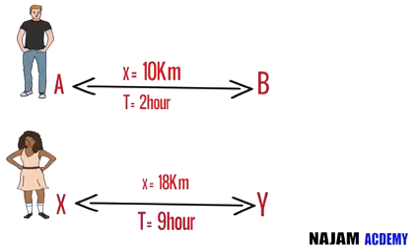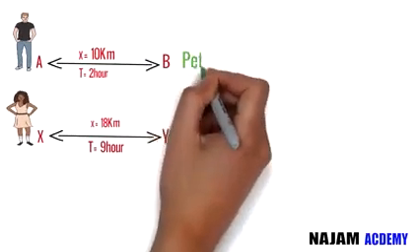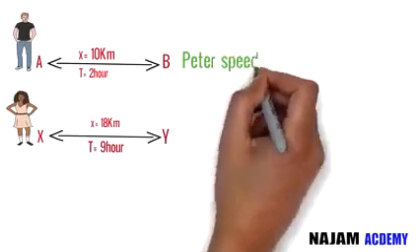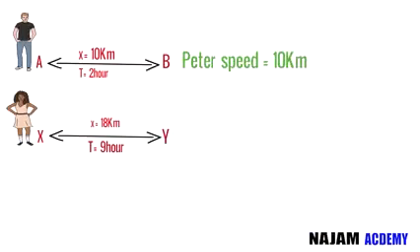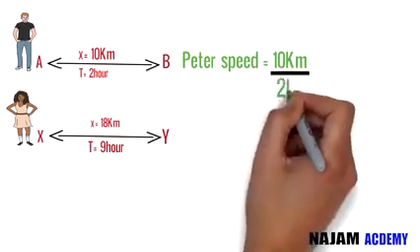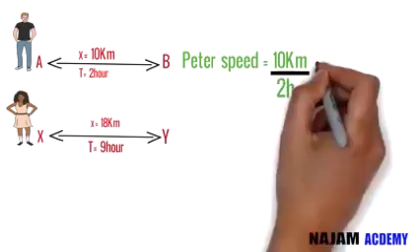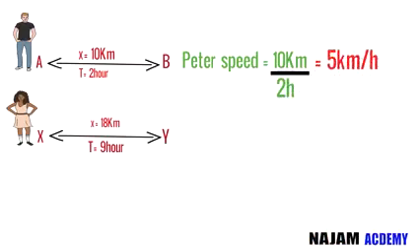Now if someone asks me what is the speed of Peter, or who is moving faster, Peter or Sarah, so what I will do, I will say Peter's speed is equal to 10 kilometers divided by time. So this is giving us 5 kilometers per hour. It means Peter is covering 5 kilometers in 1 hour.